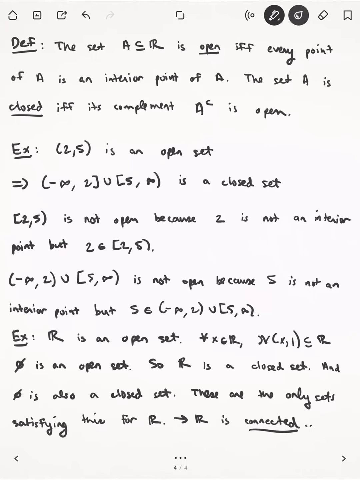Again, that's just a fun fact. If you don't care about this, you don't need to know about it, but if you're interested in these types of things, connectedness is an important property. And so the idea that these are the only sets that are both open and closed says that R is connected.